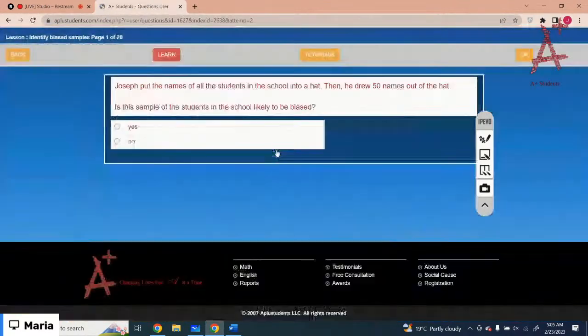Let's start with the test questions. Joseph put the names of all the students in the school into a hat. Then he drew 50 names out of the hat. Is the sample of the students in the school likely to be biased? Yes or no?